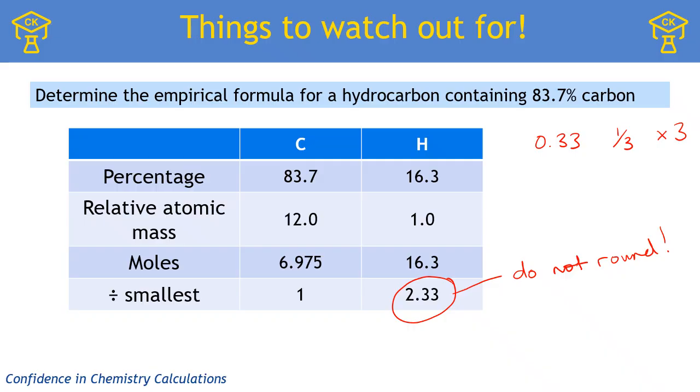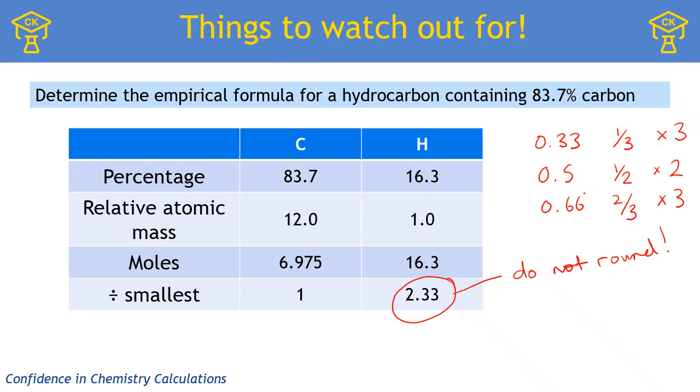If you have a decimal place, of course, of 0.5 or very close to 0.5, such as 0.49, that is a half. To get to a whole number, you times both of your numbers by 2. And if you have 0.66 recurring or 0.67, that is 2/3. Again, you're going to times it by 3 to get to a whole number.